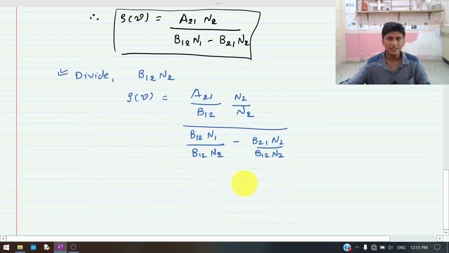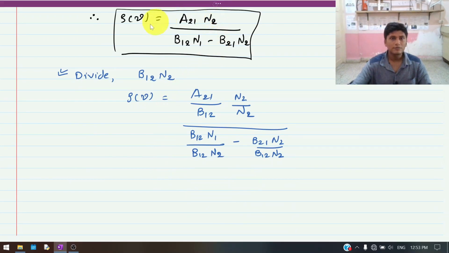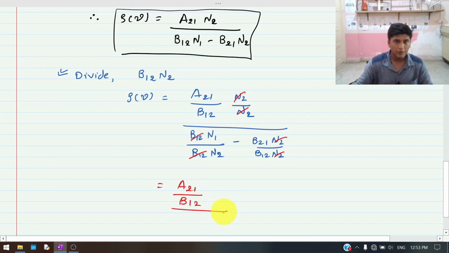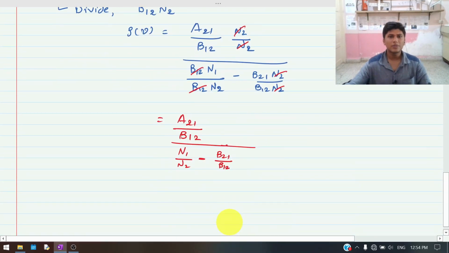Now this goes away, this goes away, and this goes away. So this will become nothing but A21 over B12 divided by this big denominator, N1 by N2 minus B21 by B12.